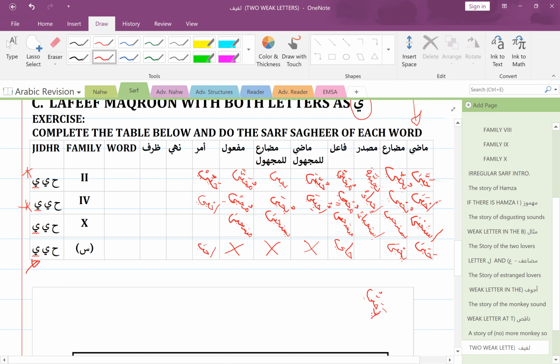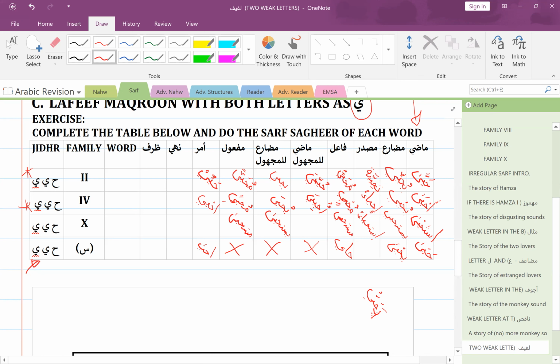Yes, mahyan is the ظرف. Beautiful. And if you're going to do اسم تفضيل, it's going to be ahya. For the tool, it's going to be mihyatun. Of course, I don't know if that word exists.